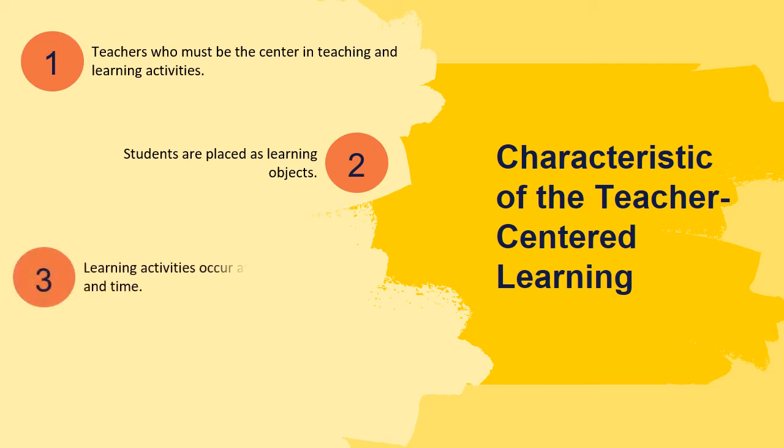The third characteristic is that learning activities occur at a certain place and time. For example, with strict scheduling, students only study when there is a class that has been designed in such a way as a place to learn. With a predetermined place, teaching often occurs very formally.